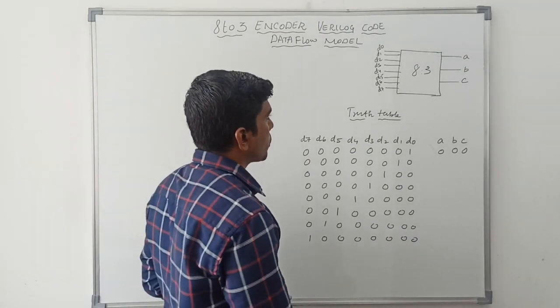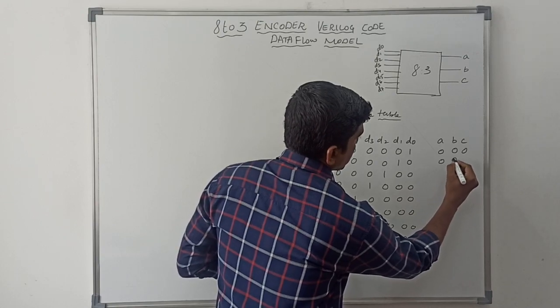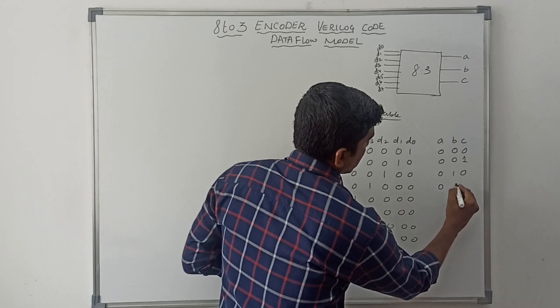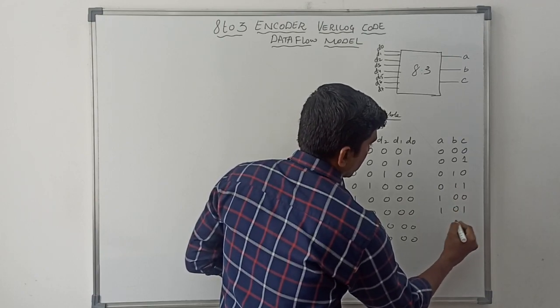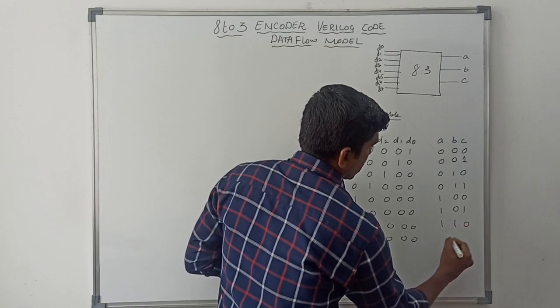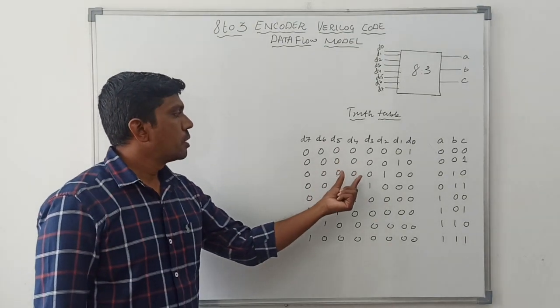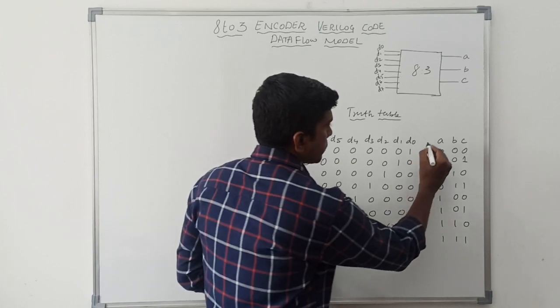The corresponding output of the 8:3 encoder, so here 001, 010, 011, 100, 101, 110, 111. So that is the output for the inputs of the 8:3 encoder.